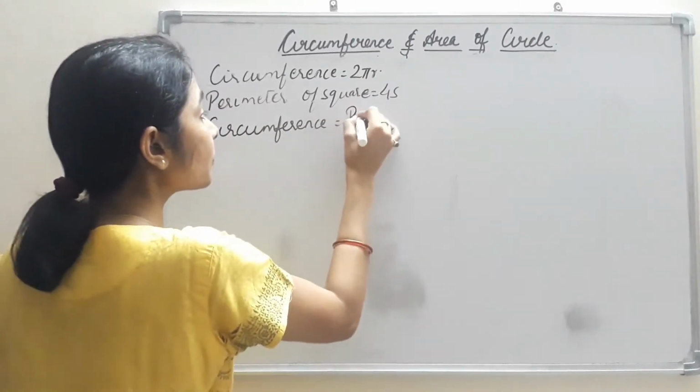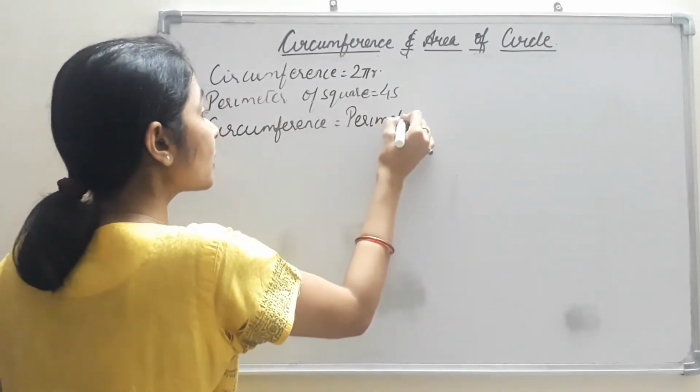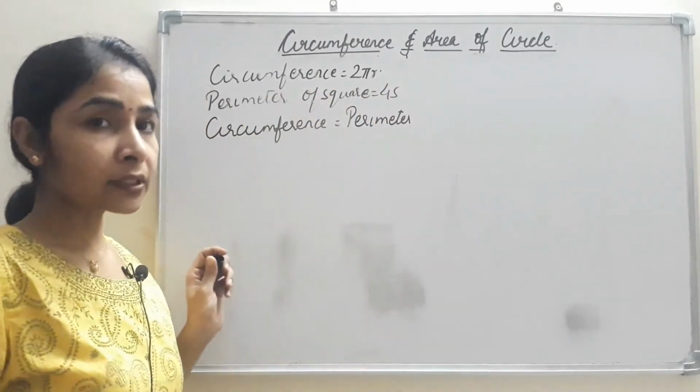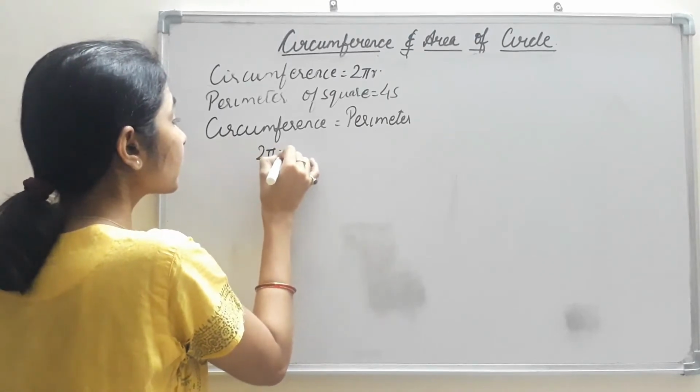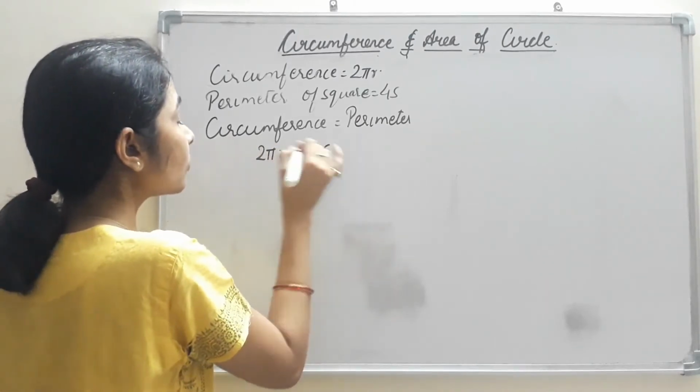So we can write it in the form of an equation. The same we'll do here. 2 pi r is equal to 4 into s.